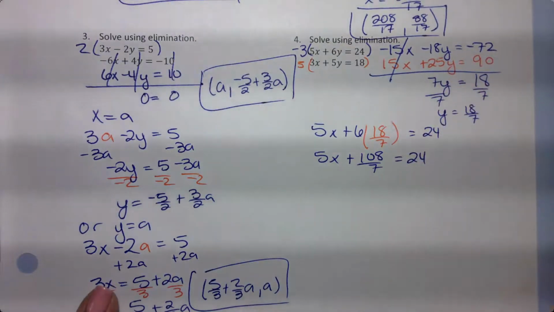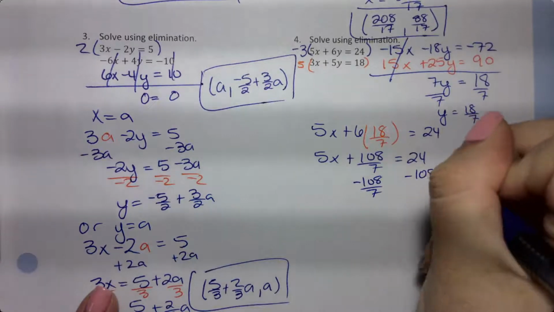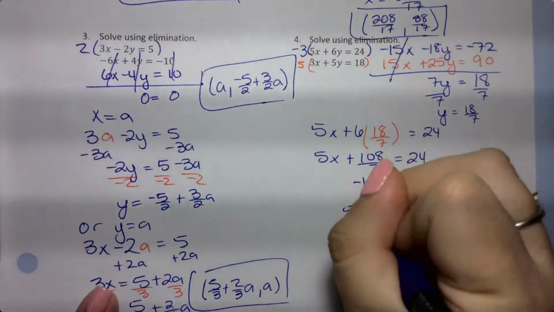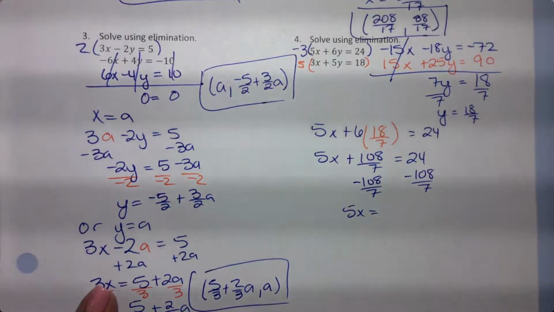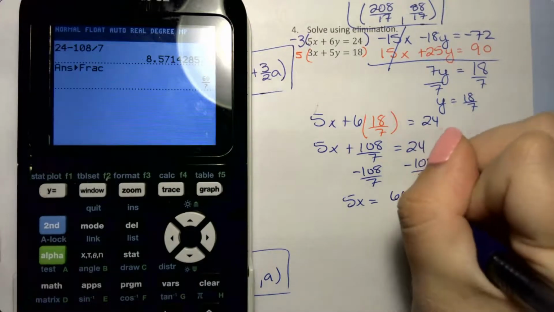I want to go ahead and subtract that fraction from both sides. So I'm going to have 24 minus 108 over 7, which gives me 60 over 7.